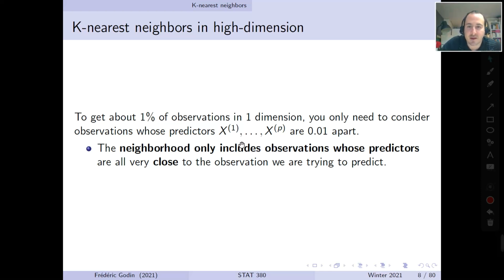Here I wrote x1 until xp, but since p is equal to 1, it's only x1, that are only 0.01 apart. So when you consider neighbors, they're very close to each other.